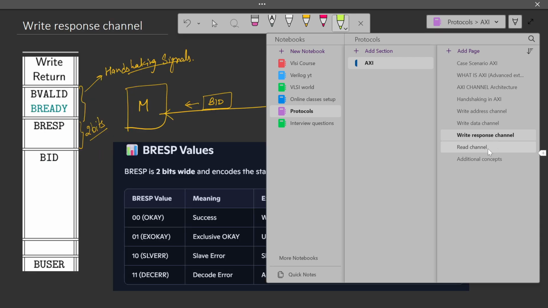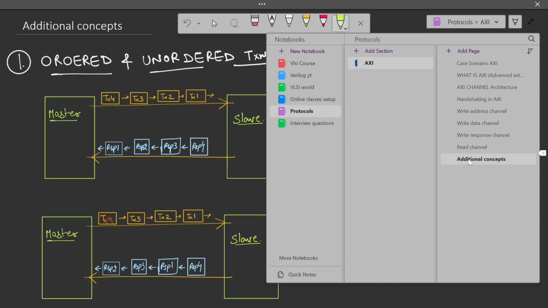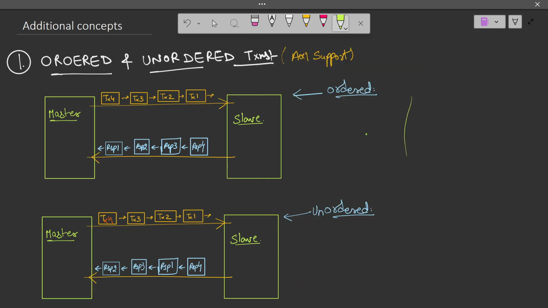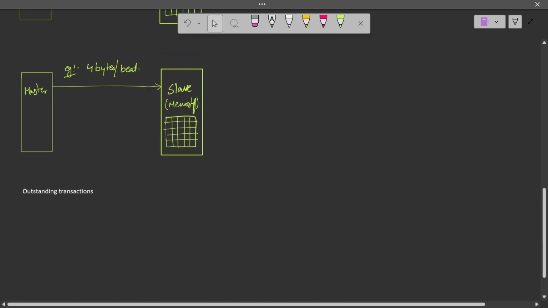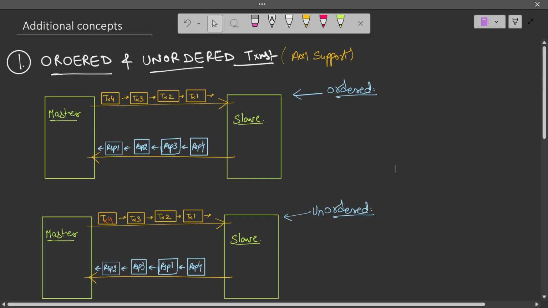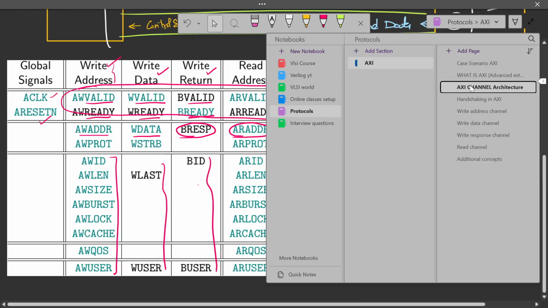Then we'll see the read address channel, then the read data channel, with read response and data in the same channel, how it happens. We'll also see some additional concepts: ordered and unordered transactions, aligned versus unaligned addresses, and outstanding transactions, what they are, how they are performed, and how they are serviced via AXI.